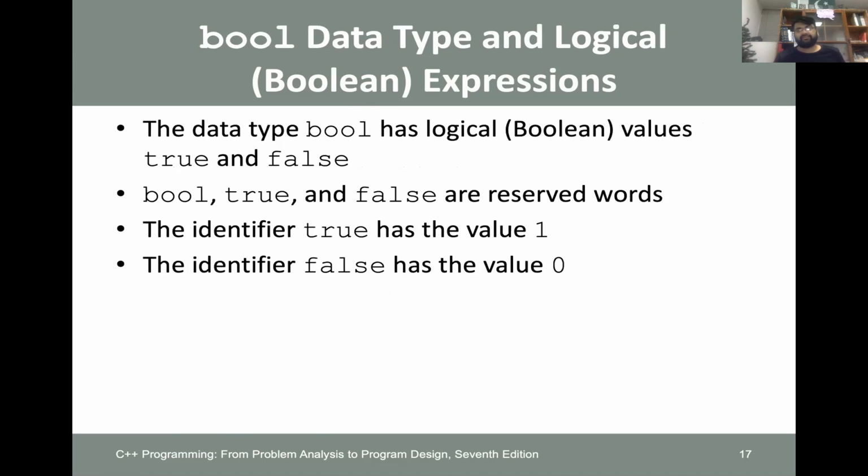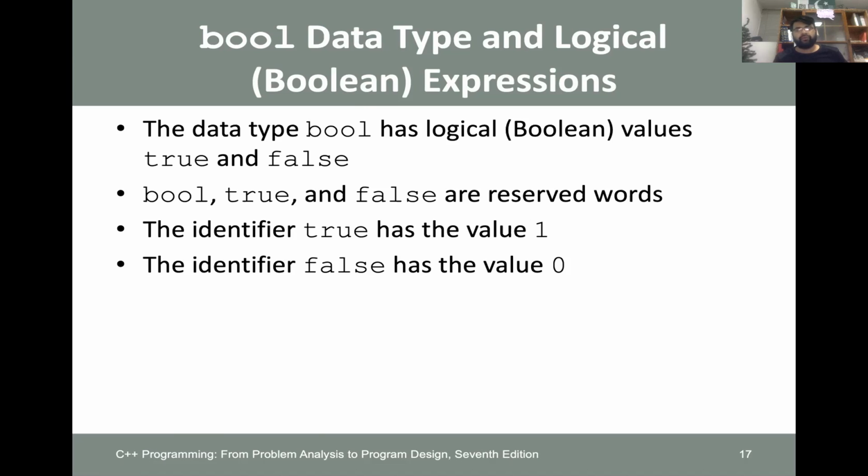In the later systems, we developed what we call the Boolean data type, and the data type bool has logical values of true and false, as we've already seen. It has exactly two values, and hence it is generally stored in a bit alone. The words bool, true and false are all reserved words that you cannot use for naming identifiers or anywhere else in your code, other than their specific use.